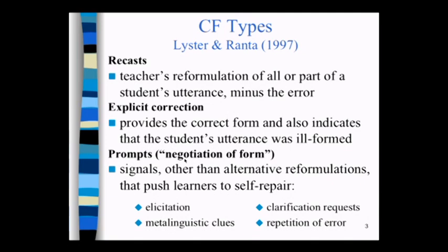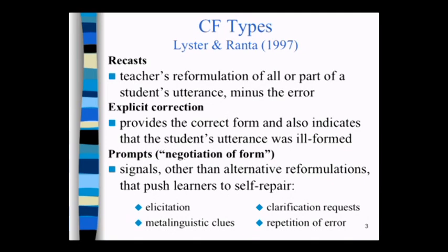And then we identified 4 different feedback types that we called the negotiation of form, sort of in contrast to the negotiation of meaning. And I've since started calling these prompts, and these are simply feedback moves when the teacher withholds the correct form and instead pushes the learner to try to retrieve the correct form on his or her own.